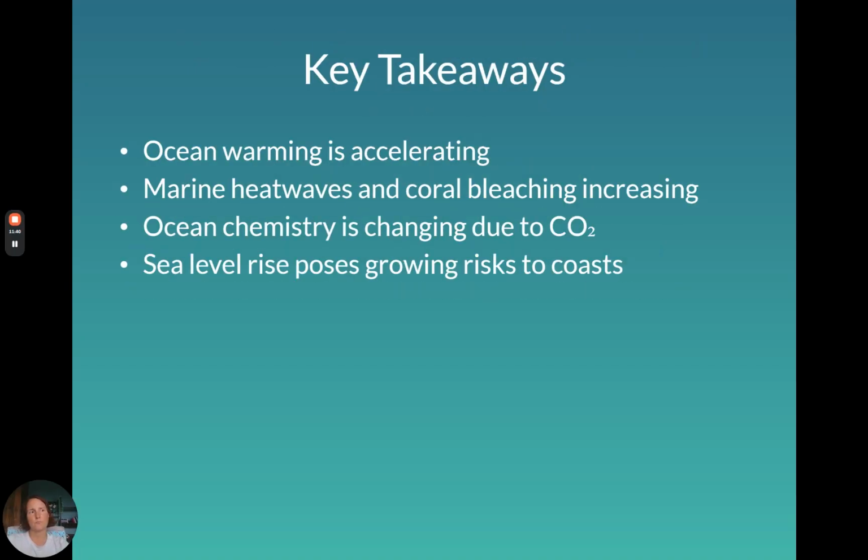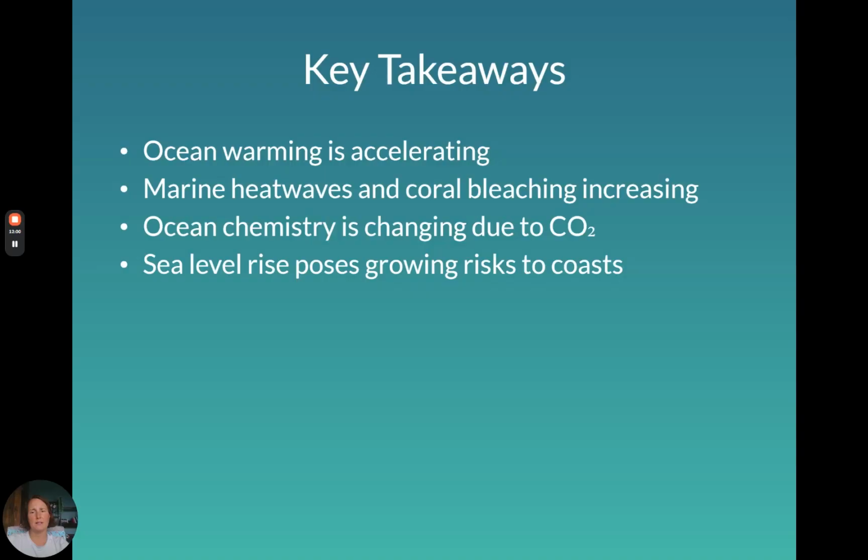So the key takeaways from this one: ocean warming is accelerating, which is causing more marine heat waves and more coral bleaching events. Ocean chemistry is changing. Carbon dioxide levels are coming up, which is increasing the amount of carbonic acid in the ocean.